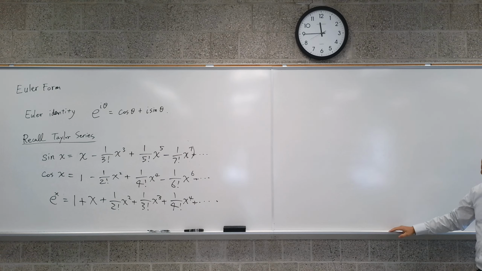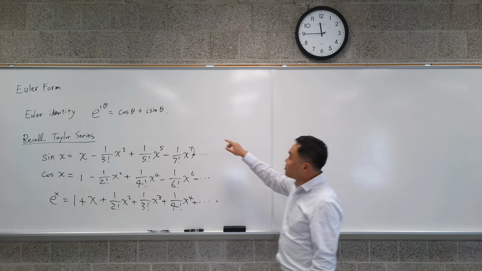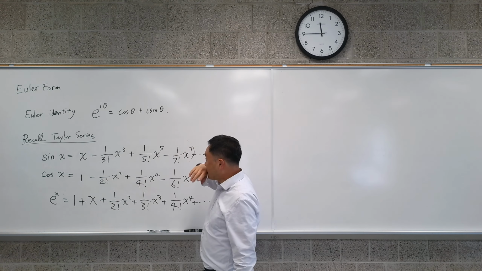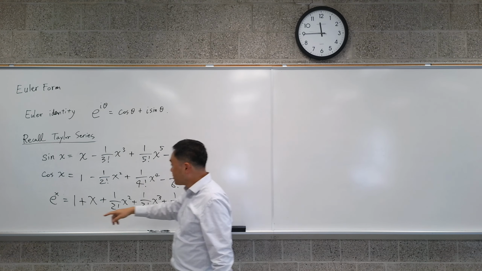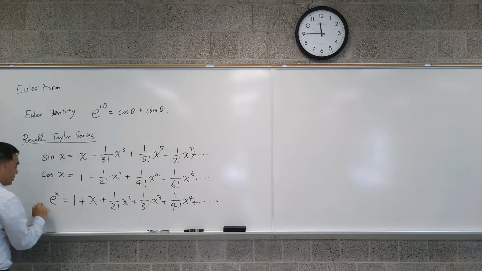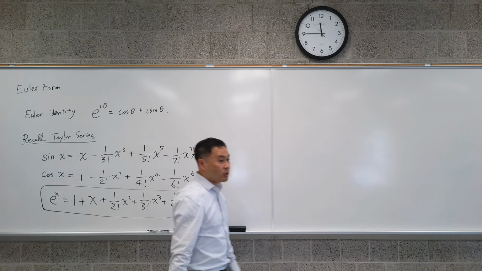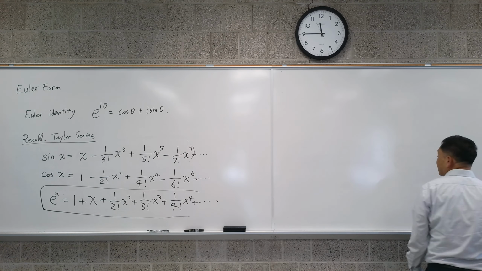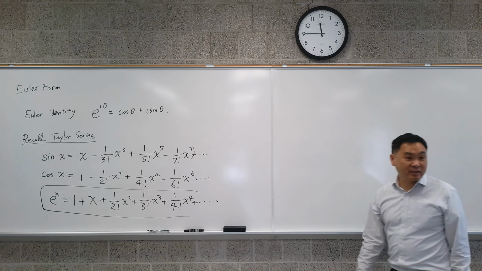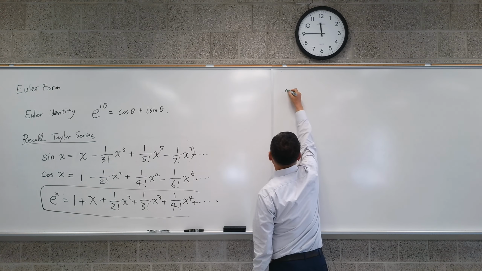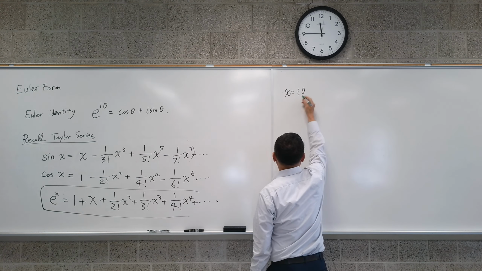So now we can go back to what I was trying to say, okay? Let's just take this identity and replace x by i times theta. So set x as i theta.